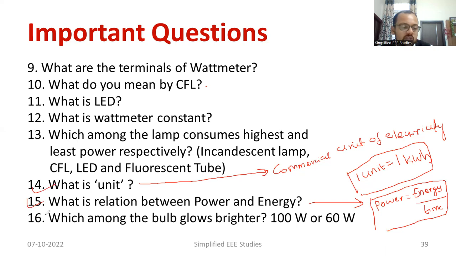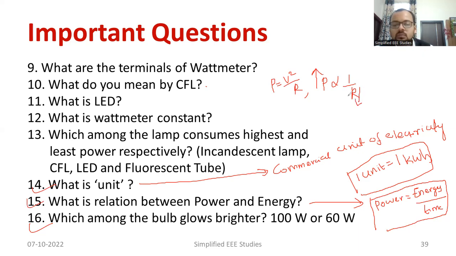Now another important question. Which among the bulbs glows brighter, 100 watts or 60 watts? So you can check the formula. P is equal to V square by R. From this, I will be writing P is proportional to 1 by R. Look here, as the power is high, the resistance comes down.